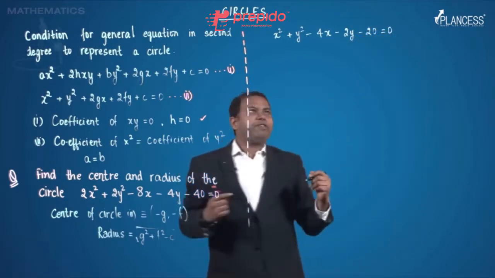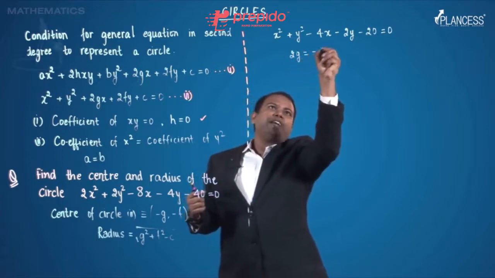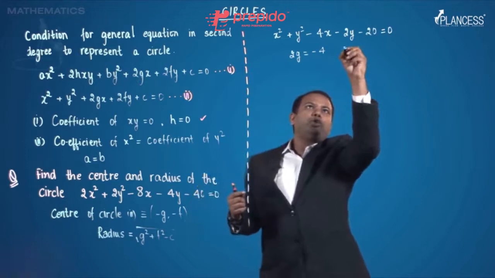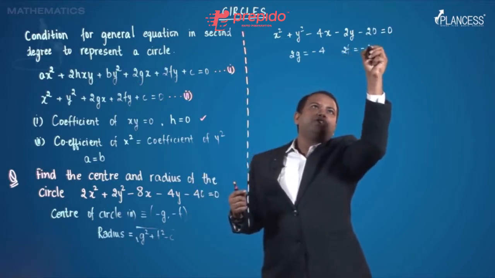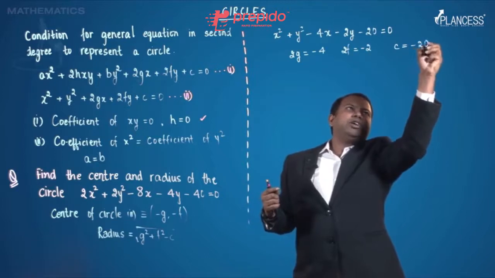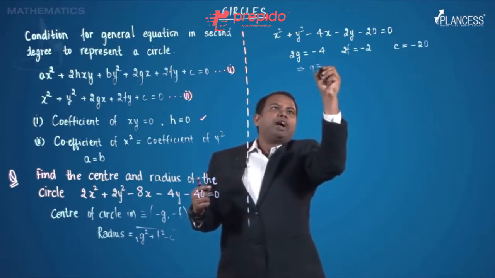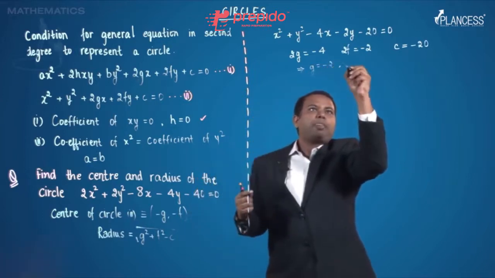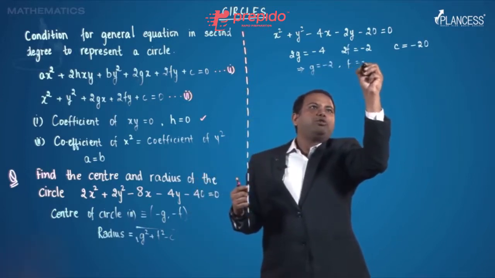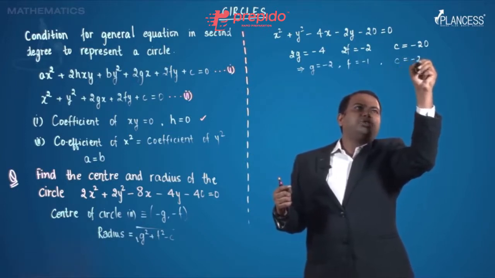So here if you look, 2g is equal to minus 4, 2f is equal to minus 2, and the constant c here is equal to minus 20, from which we get g is equal to minus 2, f is equal to minus 1, and c remains as minus 20.